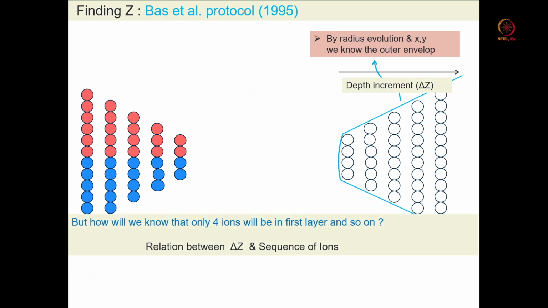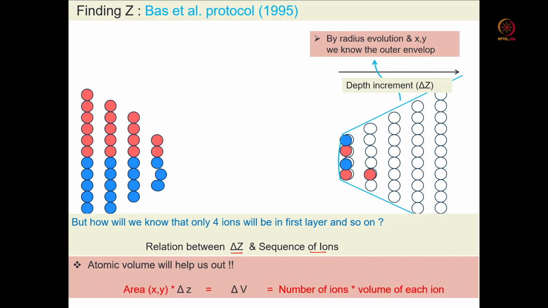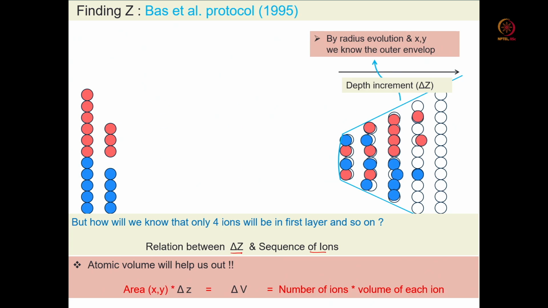So this is your reconstruction. Now you can see how the relationship between the delta Z and the sequence of ions goes on. In the first sequence there are 4 ions, and these 4 ions get field evaporated first. After that there will be a second sequence, then a third and a fourth sequence, and these can be filled, correct? So this is in 3 dimensions.